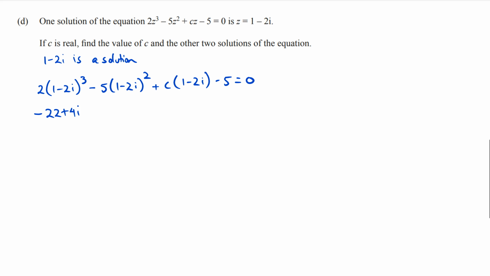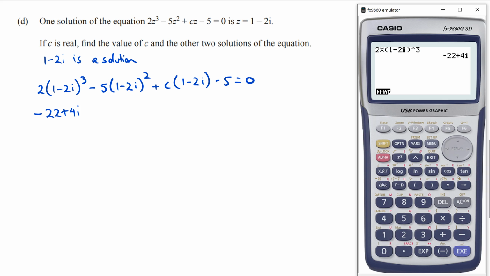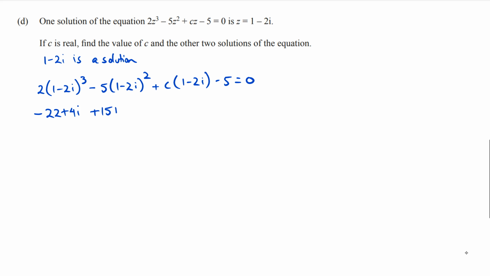Then I've got to do the minus 5, so minus 5 multiplied by (1 minus 2i) squared. Now that's equal to 15 plus 20i. And the c times (1 minus 2i), I'm going to leave as it is.